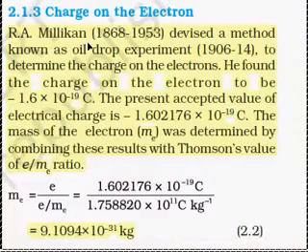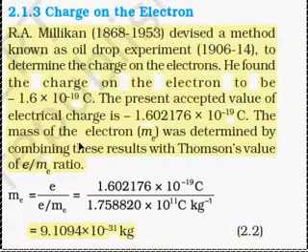Now R.A. Millikan devised a method known as oil drop experiment to determine the charge on electrons. He found the charge on the electrons to be minus 1.6 into 10 raised to minus 19 coulomb. The present accepted value of electric charge is minus 1.60217 into 10 raised to minus 19 coulomb.